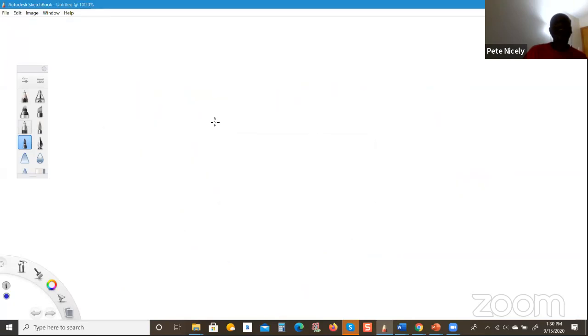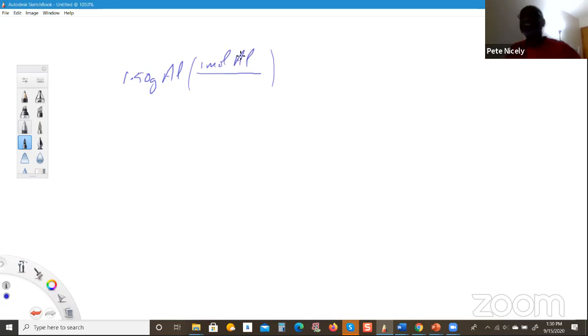Okay, so the first thing I'm going to do is start off with the 1.50 grams of aluminum, and then I'm going to convert that to moles. So you're going to have 1 mole of aluminum here, and the molar mass of aluminum, which I think is 27. Where's my table? Oh, you know what? I'm going to cheat again.